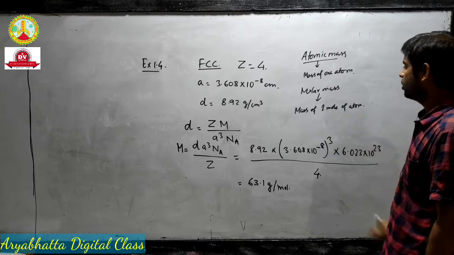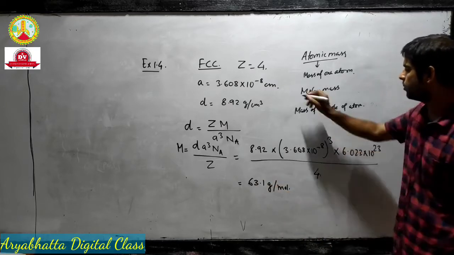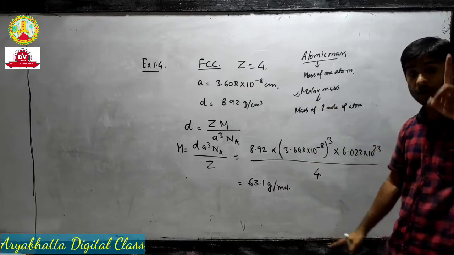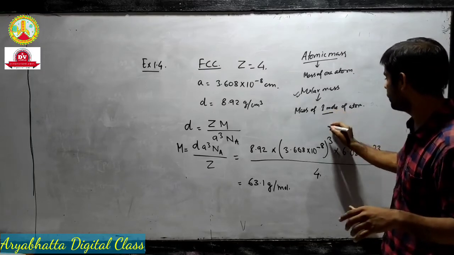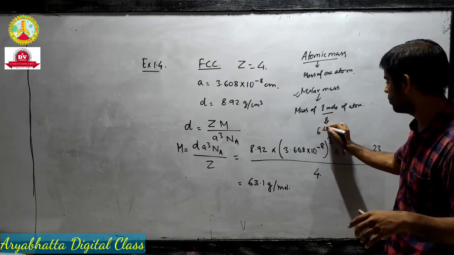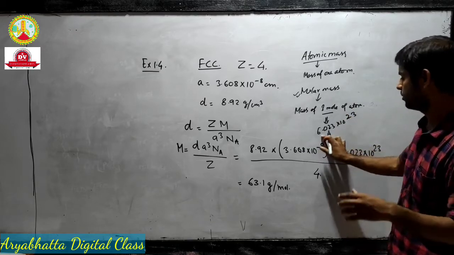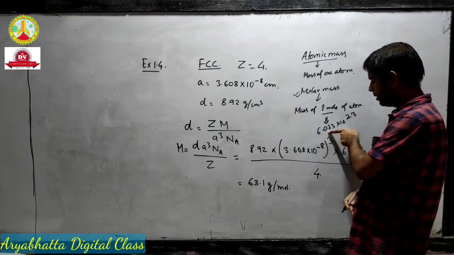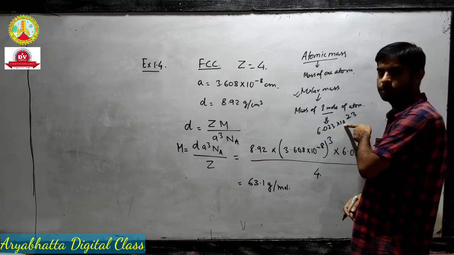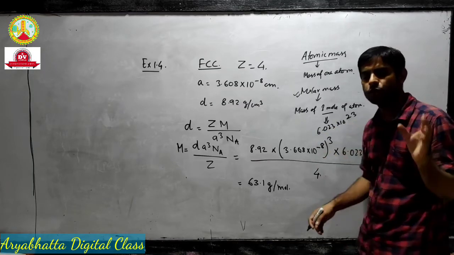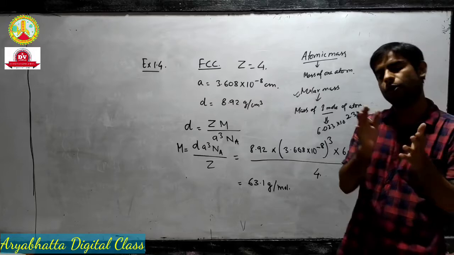What we have calculated here is the molar mass. And 1 mole of atoms is 6.022 into 10 to the power 23 atoms.